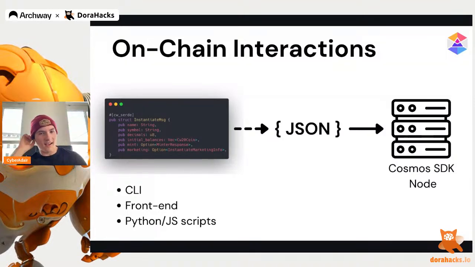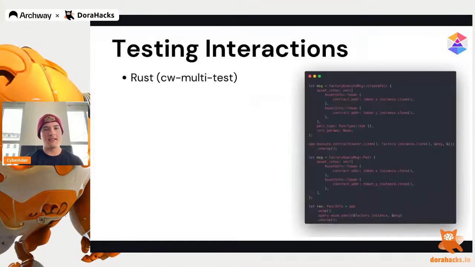Sorry about that. So let's take a look at how we interact with our contracts using CW multitest. This is a wonderful library. It allows us to write quite robust integration tests with all of our contracts. It is in Rust. Here we have an example on the right where we're using the Astroport contracts because they have an excellent code base.